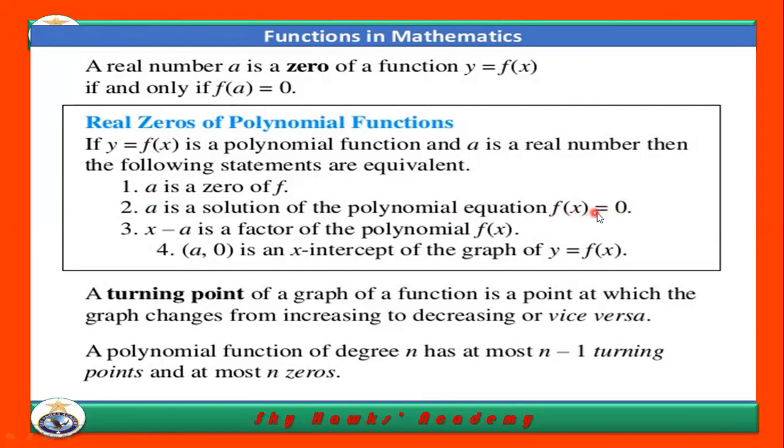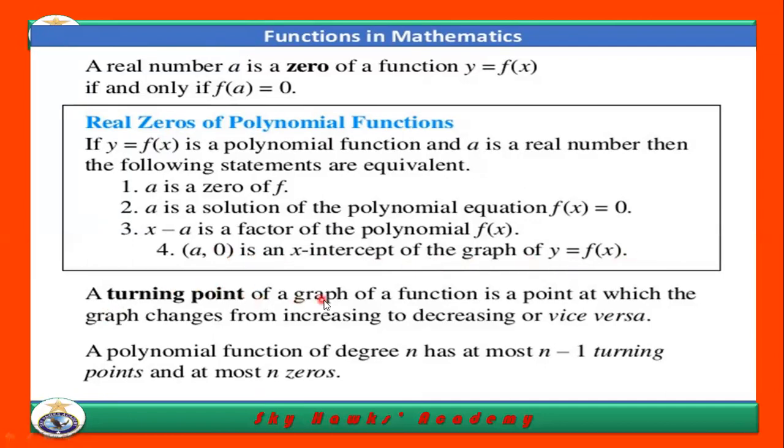When we set this equal to 0, we solve it and get two values or one value, whatever the case is, that is a. So x minus a is a factor of the polynomial f(x). When x is a and y is 0, that is the x-intercept of the graph.